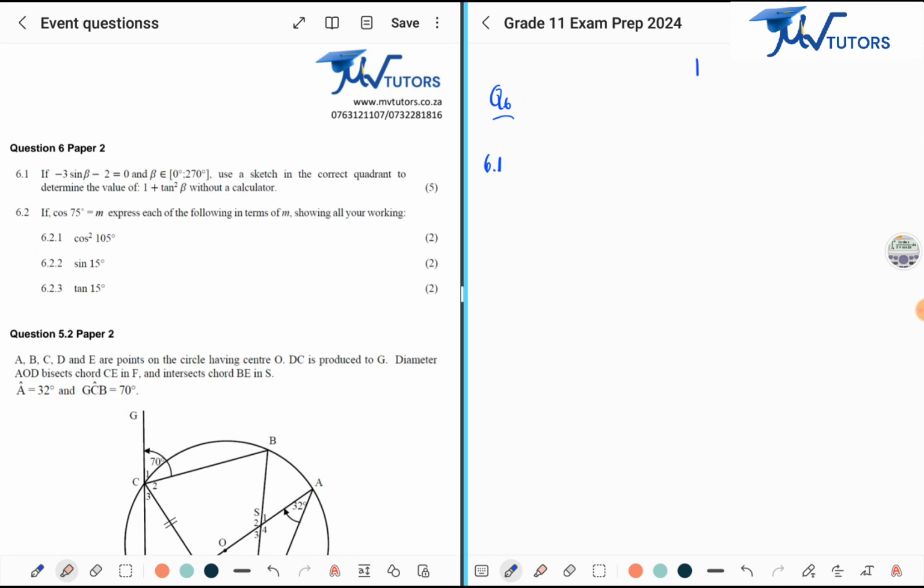Okay, let's just sketch our Cartesian plane again. So it goes all the way from 0, so it's applicable in these 3 quadrants.